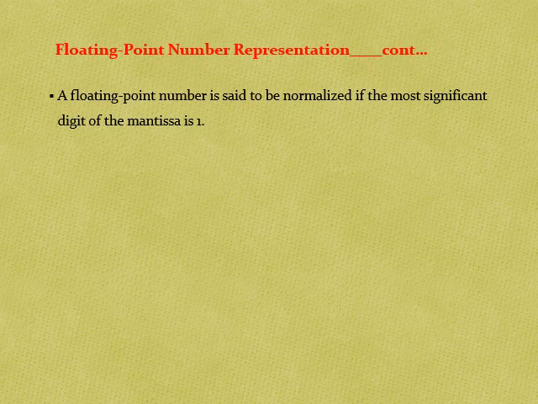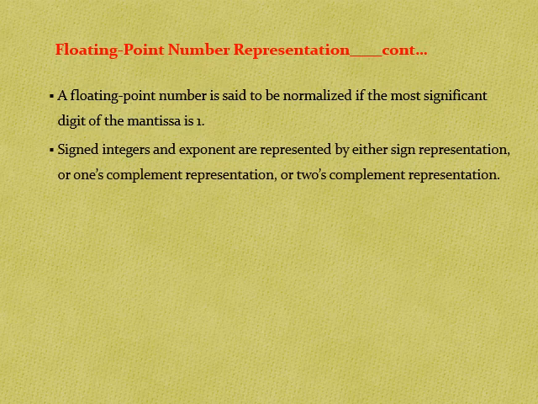If the most significant bit of the mantissa is 1, the floating point number is normalized. Second, the signed integer and exponents are represented in either signed representation, 1's complement representation, or 2's complement representation. That means the mantissa and the exponent parts can be represented in any of these.